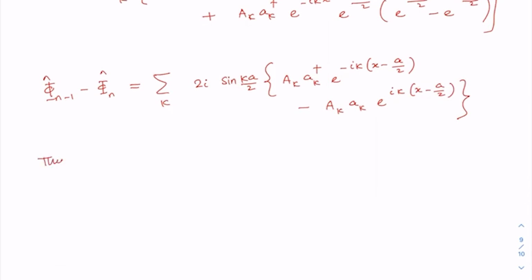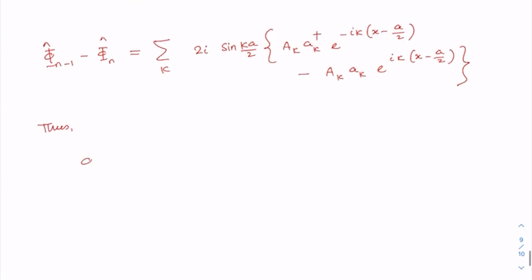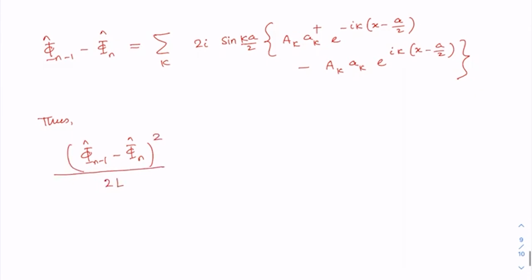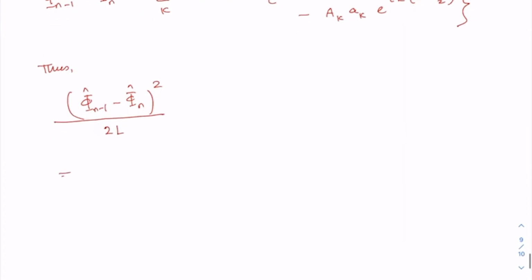Therefore, I have phi n minus 1 minus phi n whole square divided by 2l. So this would be equal to 1 by 2l. Now I have to take two sums over k's, one is say k, another one is k prime.